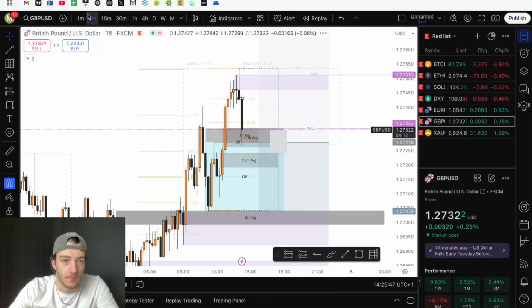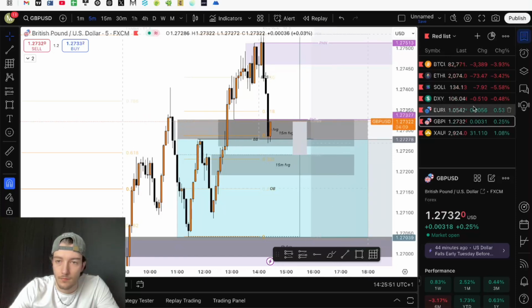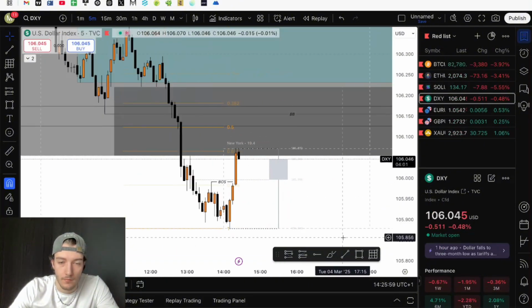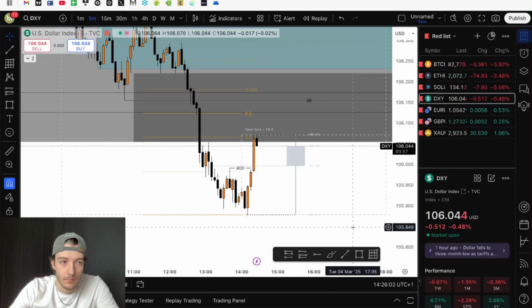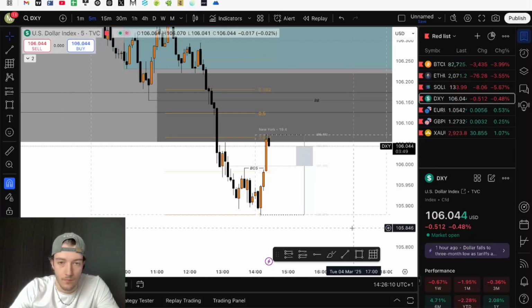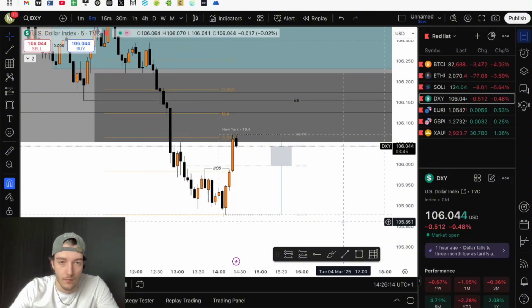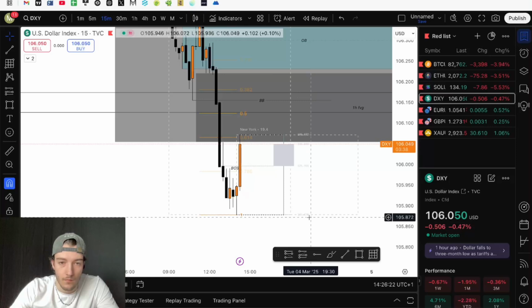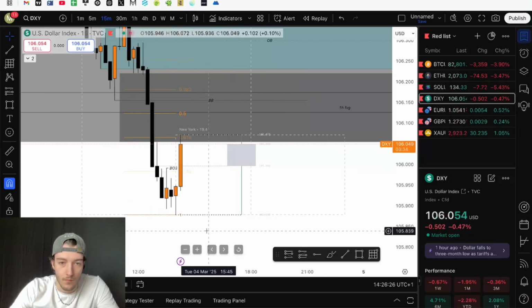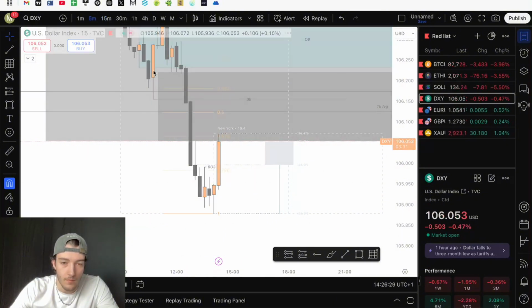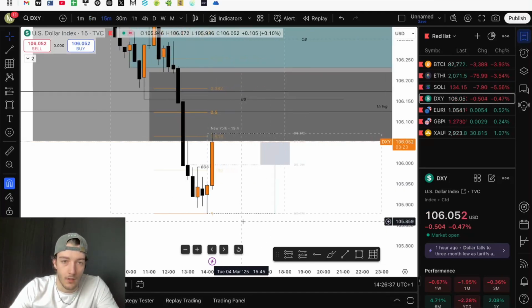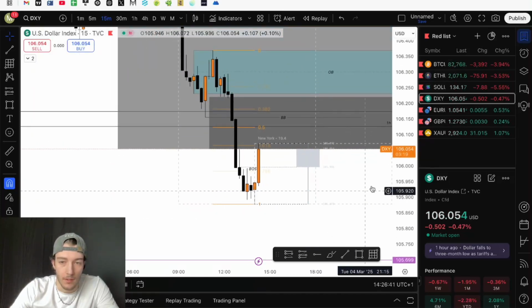We just stepped into the breaker. So the dollar also broke structure to the upside and is about to do the same thing on the 15-minute, just like on the 5-minute.